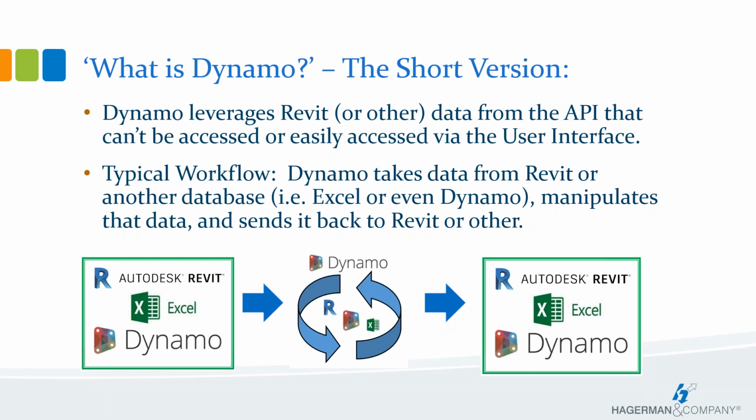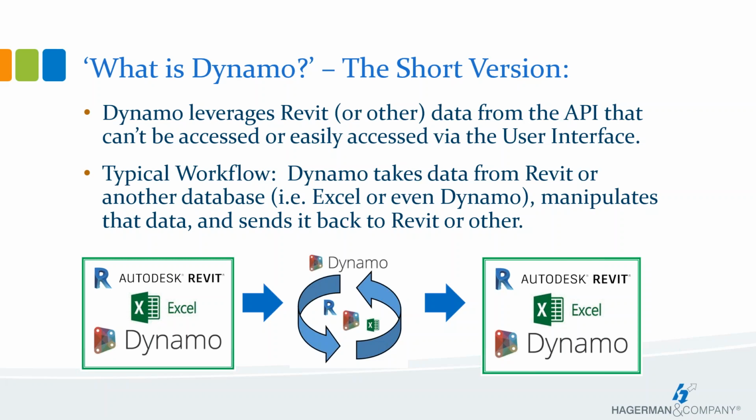So essentially, Dynamo has access to the Revit API, which means that it can utilize and extract data to be manipulated in a way that is not available via the Revit user interface.